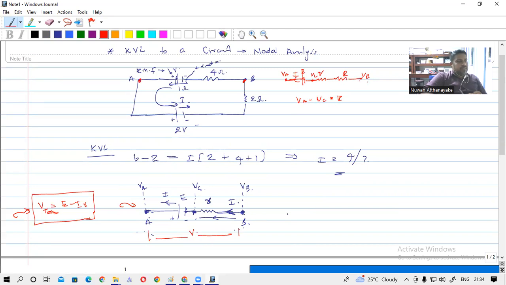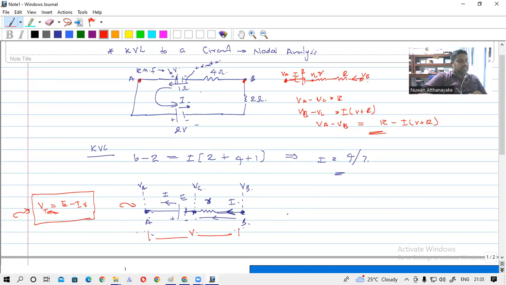Then VB minus VC, because the current is flowing in this direction, is equal to I times R plus R. If you subtract 1 from 2, you will have VA minus VB, the voltage between these two terminals, equal to E minus I times R plus R.